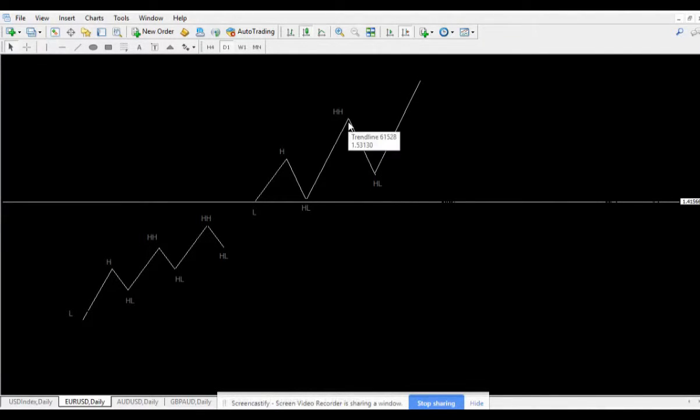We breach a high. Once we breach that high, boom, another higher high, pullback. Now you may get a perfect pullback, making it a higher low. Sometimes you may see the market stop at the high.